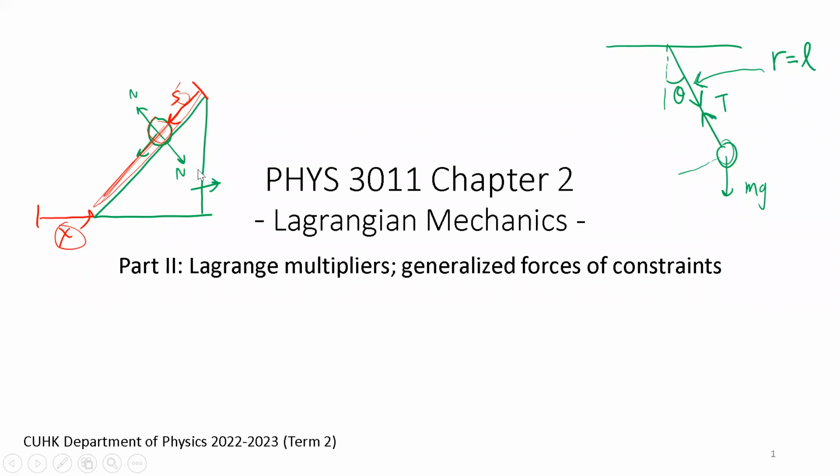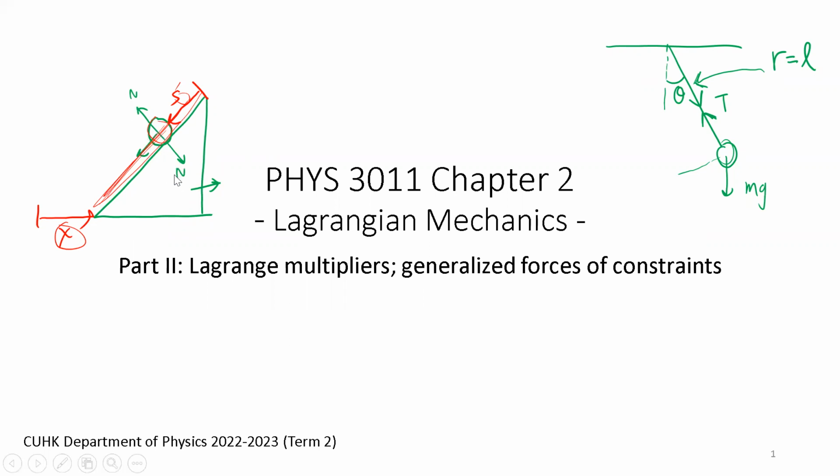So here comes a new question. When I solve this problem, for example, I can solve for x and s without explicitly knowing n. What if I also want to know n?